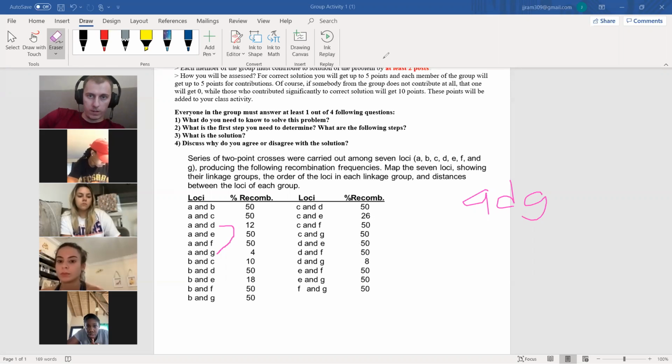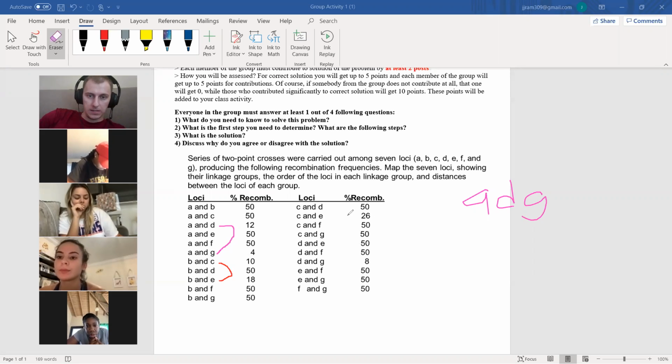Now for the second group, let's go down to B. I have B to C, and B to E. D is not. So B to C and B to E, and that's it. And then we have C and E, which is 26.